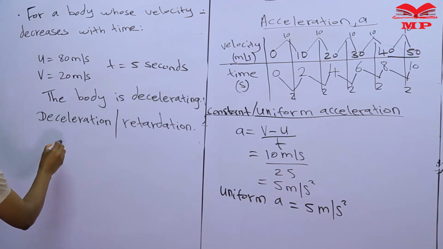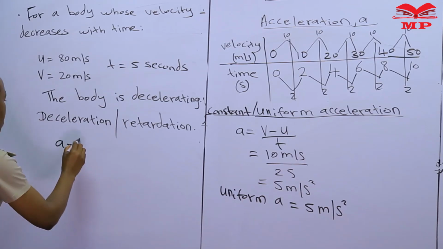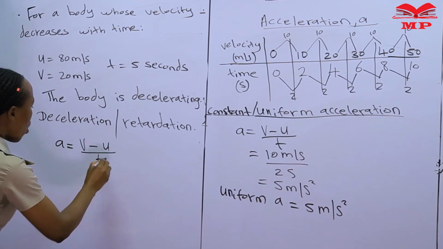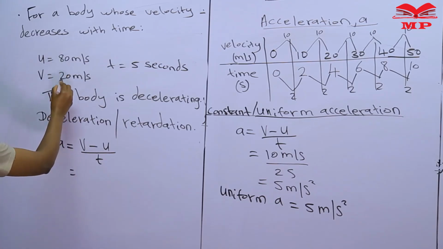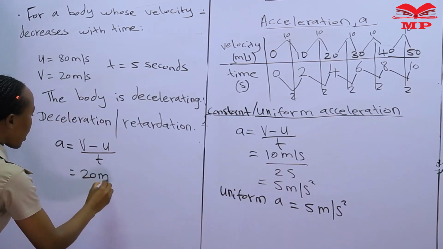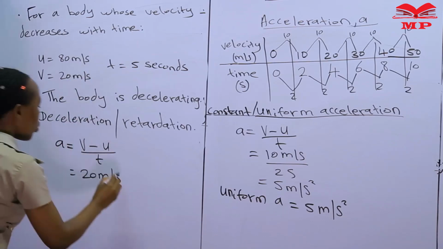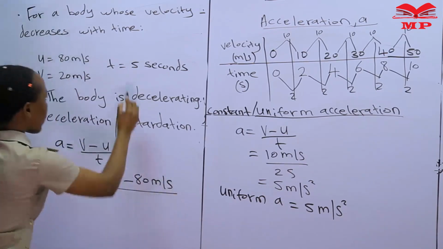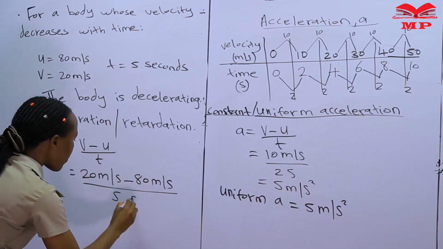So we are going to have our acceleration as final velocity minus the initial velocity, all over time taken. Our final velocity is 20 meters per second. Our initial velocity is 80 meters per second, divided by the time taken, which is 5 seconds.